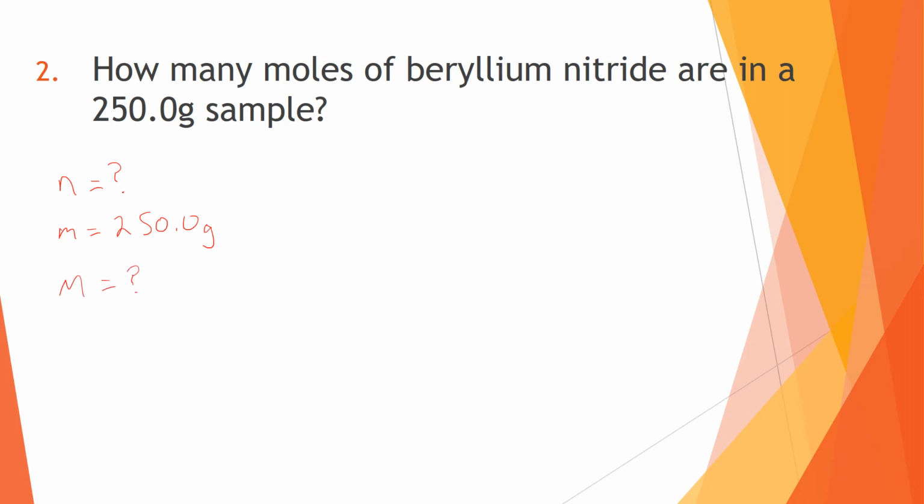So beryllium nitride. Beryllium is Be, not Br. Beryllium has a molar mass of 9.01. But how many berylliums are there?